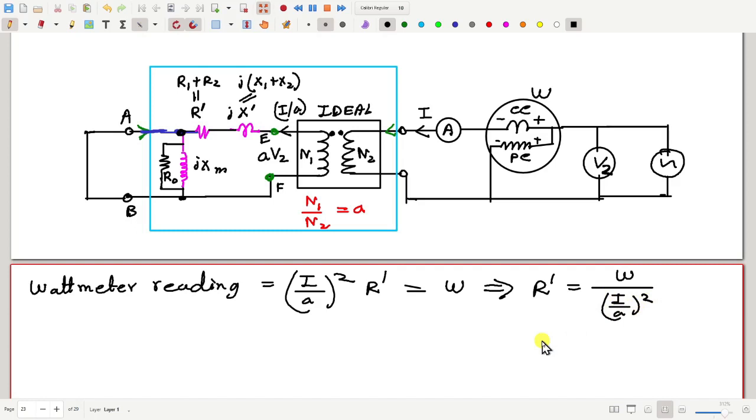Now once we know the value of R prime, let us find the value of X prime. How much is the magnitude of R prime and jX prime together?